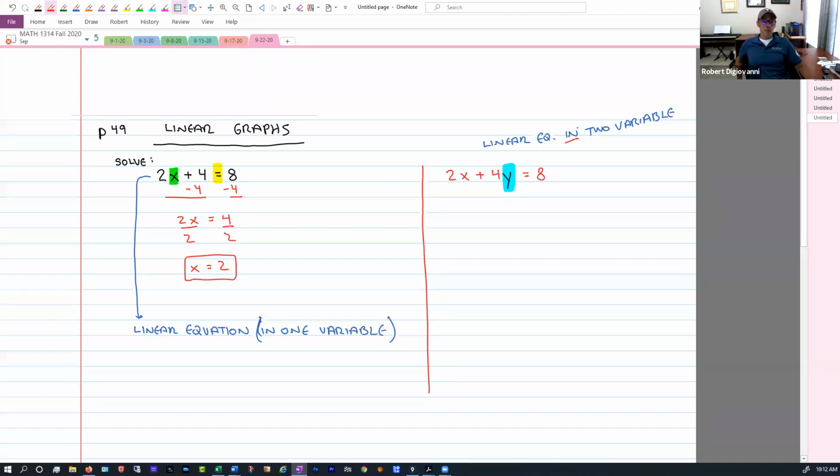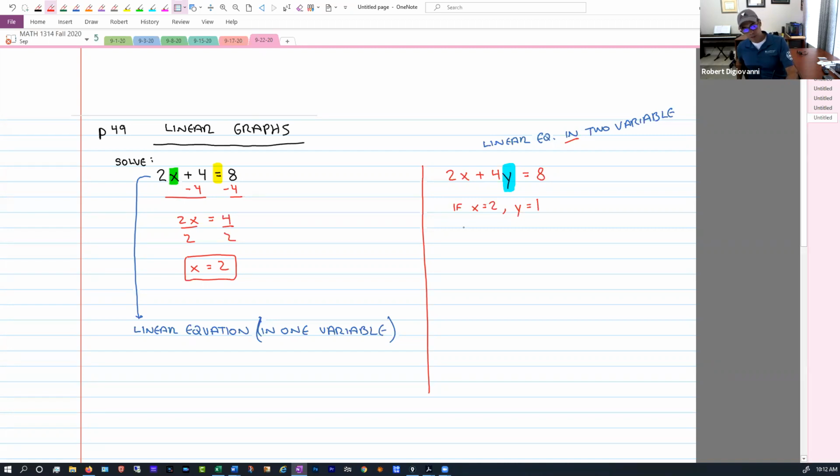This is way different than the previous one because there is not just one answer. There are multiple answers. For example, let me have you consider this. If x is 2 and y is 1, so if I ask you to take that equation, replace x with 2 and y with 1, then let's see if it would be true.